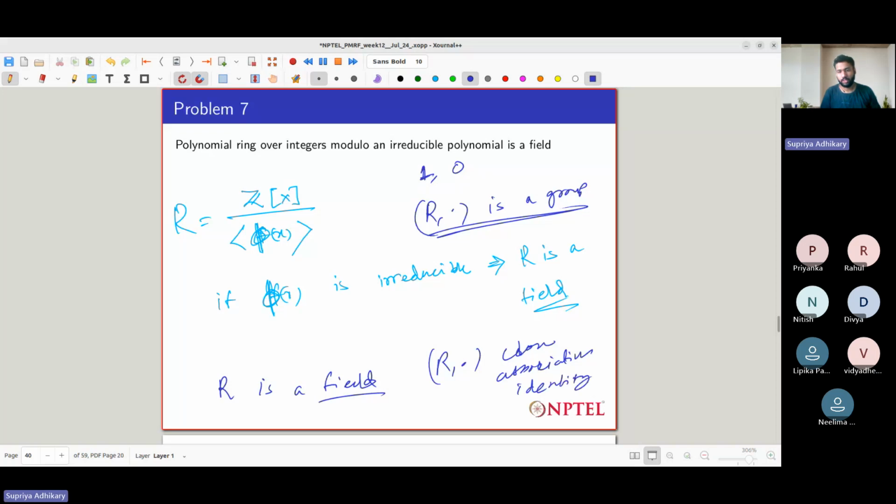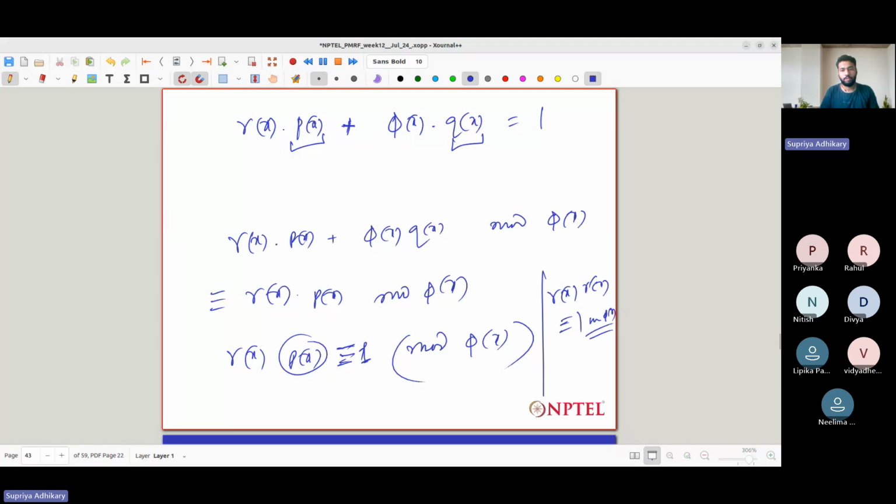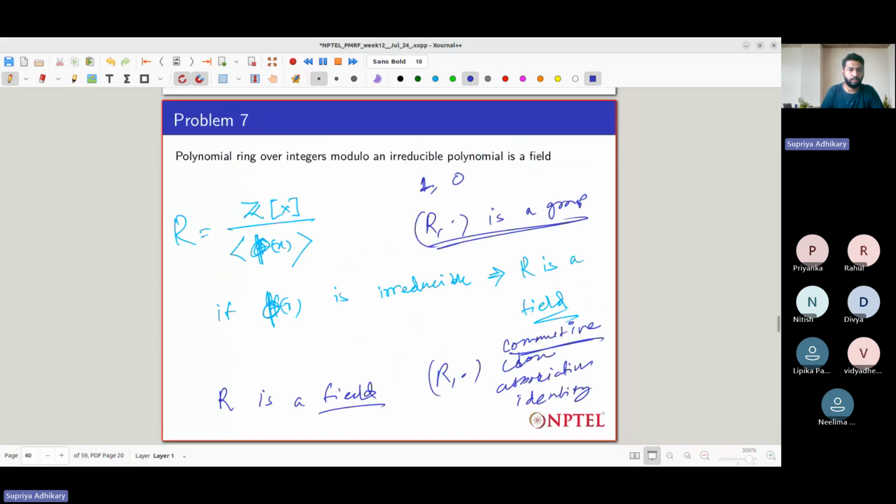These properties are already known, and also the commutative property. That is, it is an abelian group. That is also known to us, because if we multiply two polynomials, then multiplication of a(x) and b(x) is the same as multiplication of b(x) and a(x). So the commutative property is also known. The only property that was missing was the inverse property, and we have proved that the inverse also exists in this ring. So therefore, we can say that this is a field.